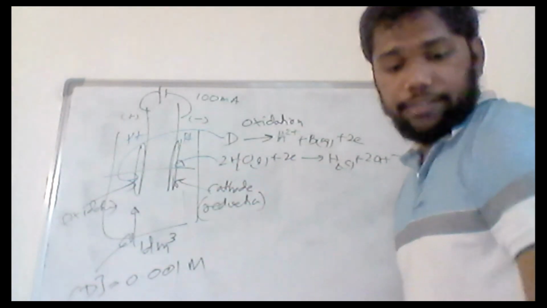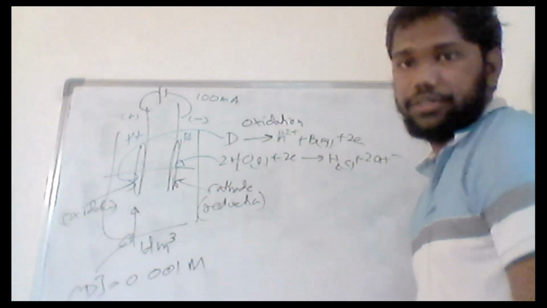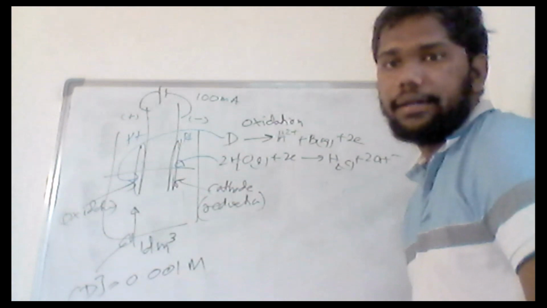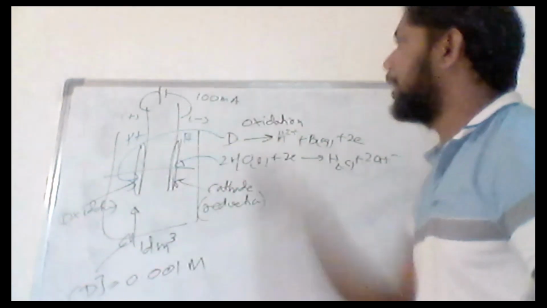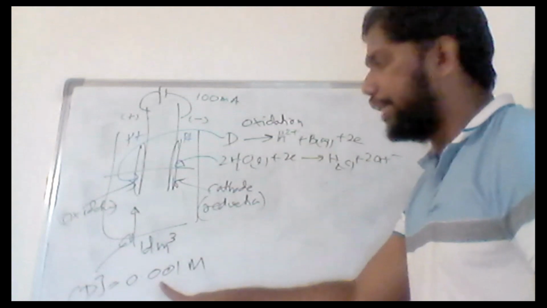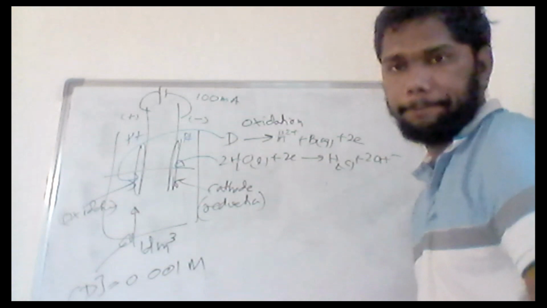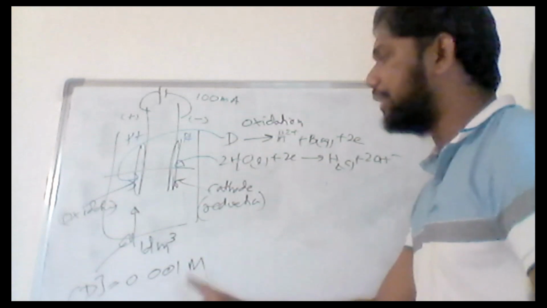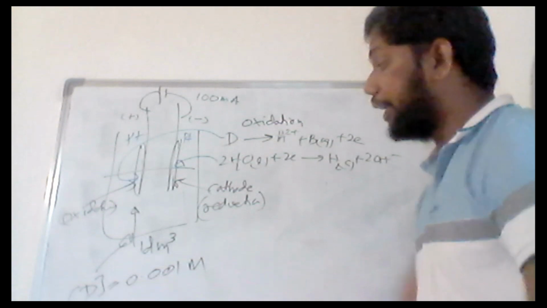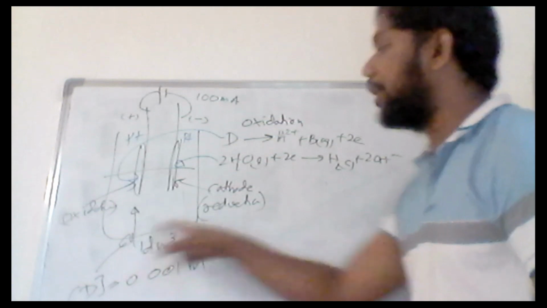The first question asks, calculate the time required to complete oxidation. So the 1 dm³ sample needs to be completely oxidized. Think about this: the concentration of D given here is 0.001 M, so the number of moles of D present in this solution is also 0.001, because they have used 1 dm³ of solution.